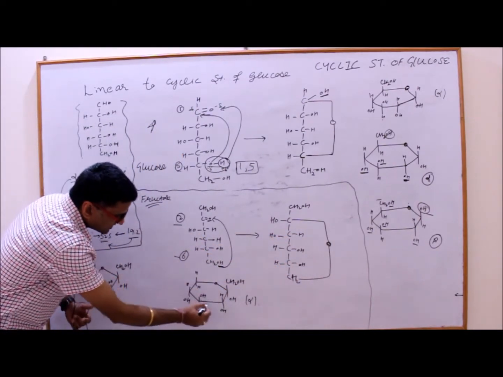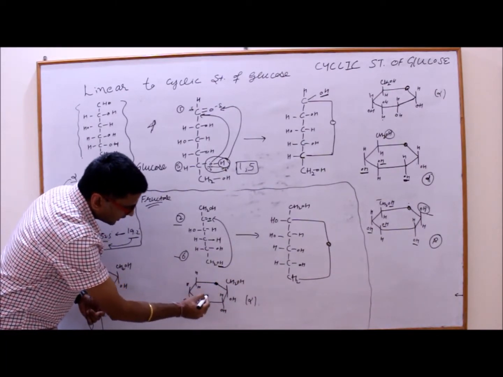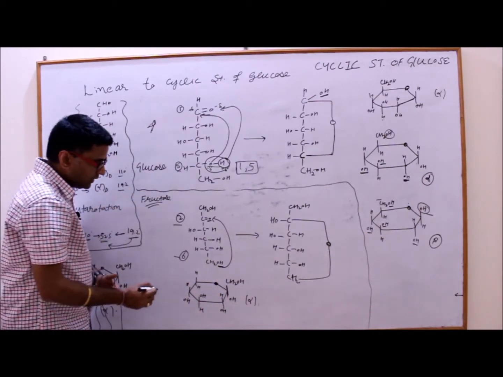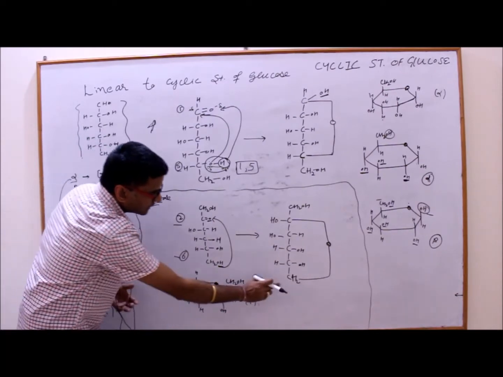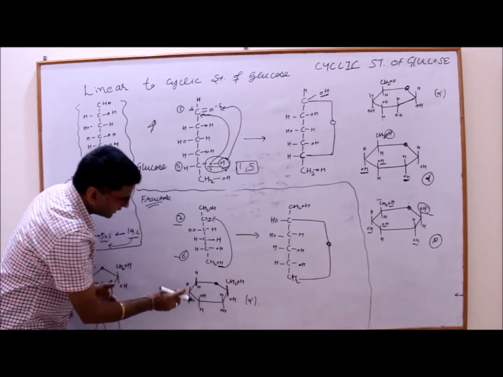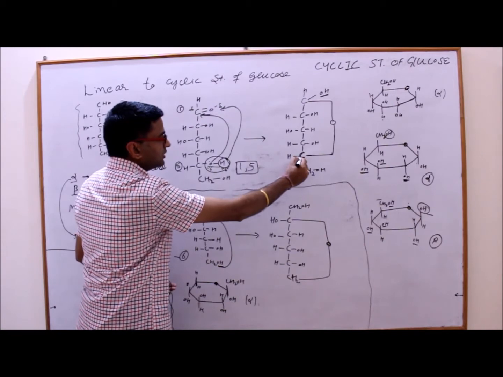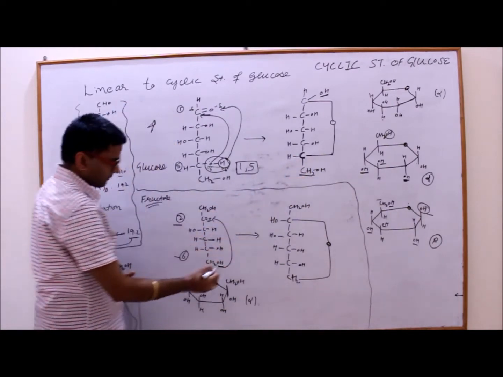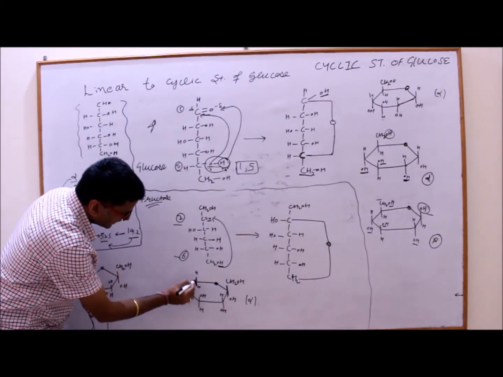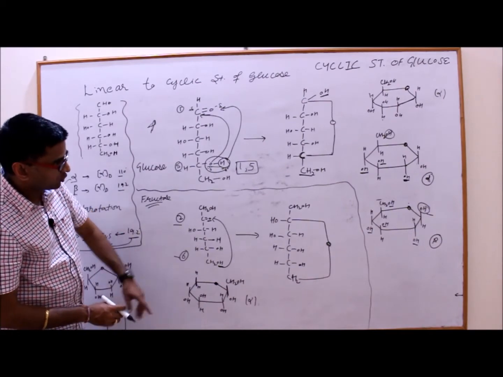Again draw a hexagon with O on top right, and then draw all the vertical lines. Now in this case this is CH2, so your carbon 6 has H, H. It's a little bit different compared to glucose, because at the last position we had CH2OH, but here in the last position we have CH2, so H, H. Next, compare with respect to glucose.